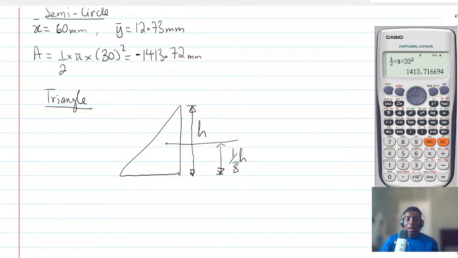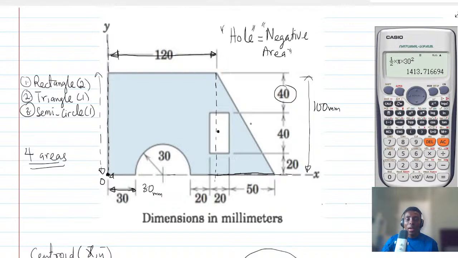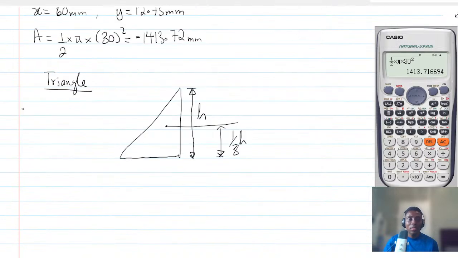So let's come back here. Now, pay attention here, guys. First of all, let's look at the x bar. What do you think will be the x bar?